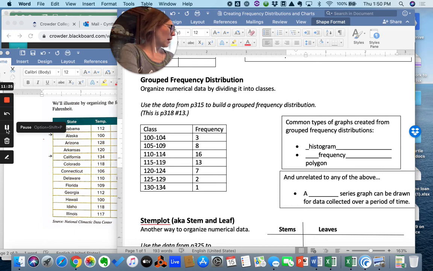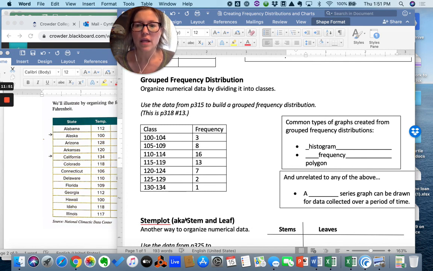A frequency polygon, instead of having the bars, has a dot where the tip of the bar would be. And then a line connects them. Then the other added thing is that they connect to the ground on the outside. We'll talk about that when we're specifically talking about that. But those are the two big types of graphs that we'll see with this kind of data.